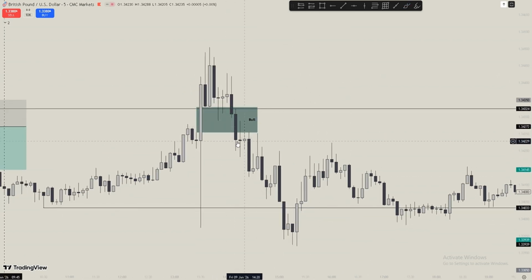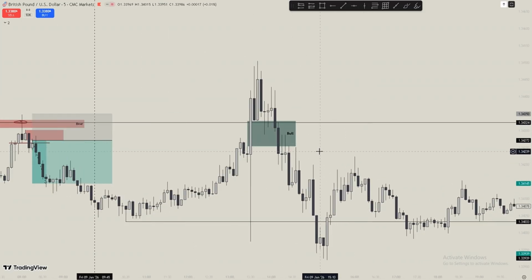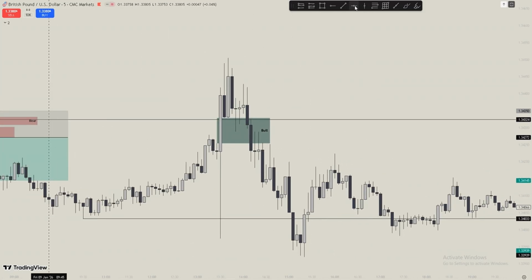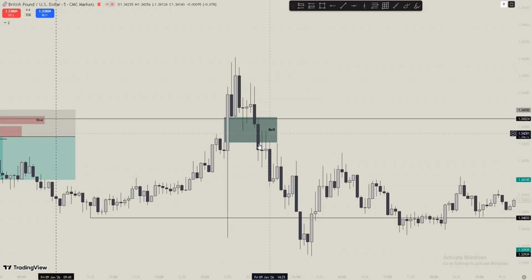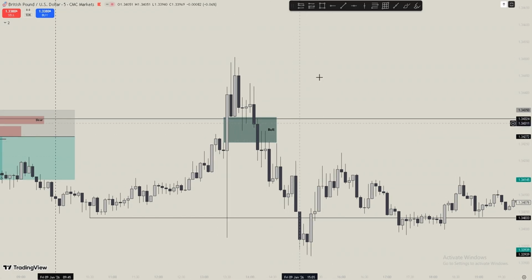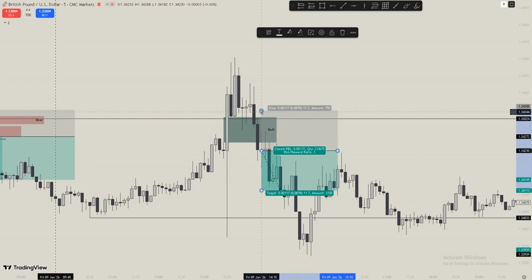You probably see that pullback. Many people will need to get another confirmation, like breaking this low, and then pulling back into this fair value gap or something like that. But we don't need that much. After this inverse fair value gap was touched, we can just enter. So we can enter from here.